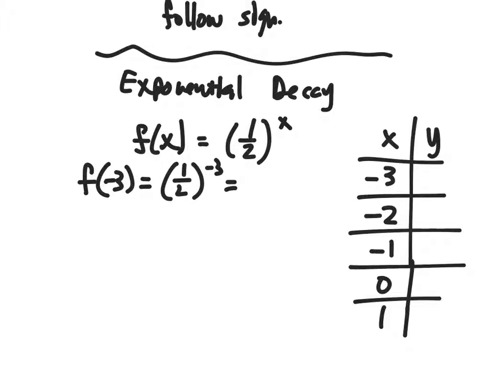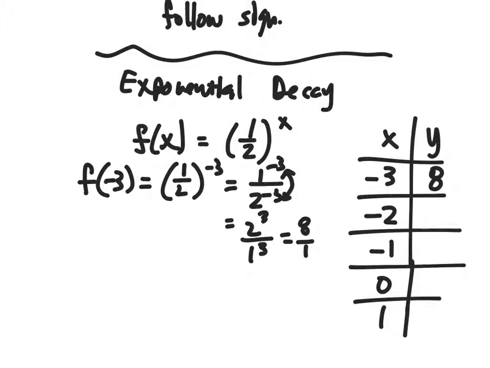This is really going to give me 1 to the -3 over 2 to the -3. All right, and when I have negative exponents like that, I want to move them between my numerator and denominator, and that's going to give me 2 to the 3rd power over 1 to the 3rd power. Well, 2 to the 3rd is going to give me 8. 1 to the 3rd is going to give me just 1. So 8 over 1 is just 8. Okay, and that's that value there.